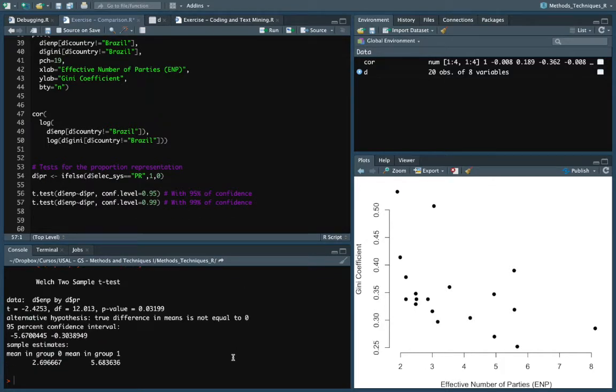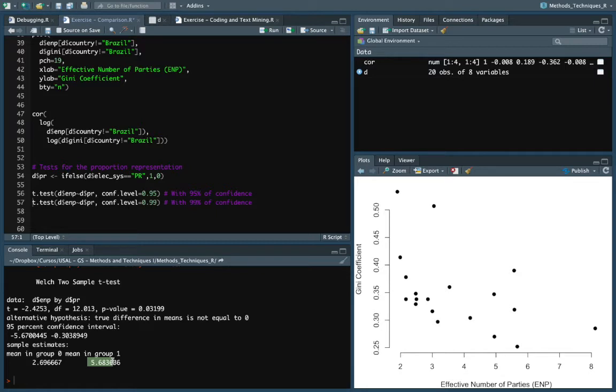If you look at the statistics, we see that the mean of those countries with other types of electoral systems, be it the first past the post or mixed or two rounds, is 2.7 parties for their effective number of parties, while in proportional representation it would be 7.5.